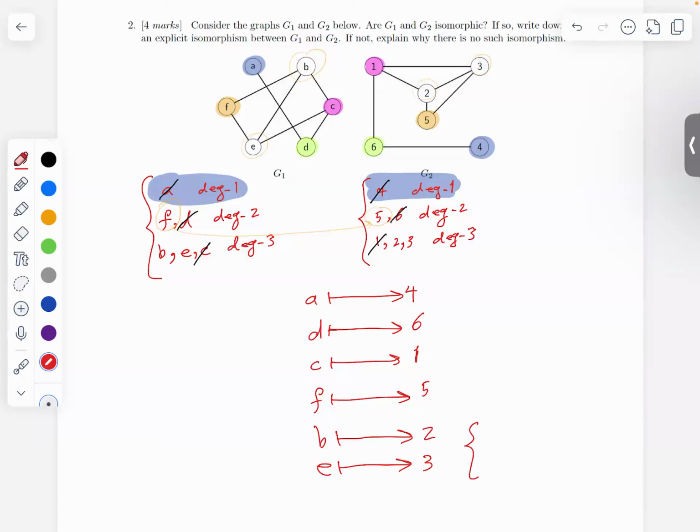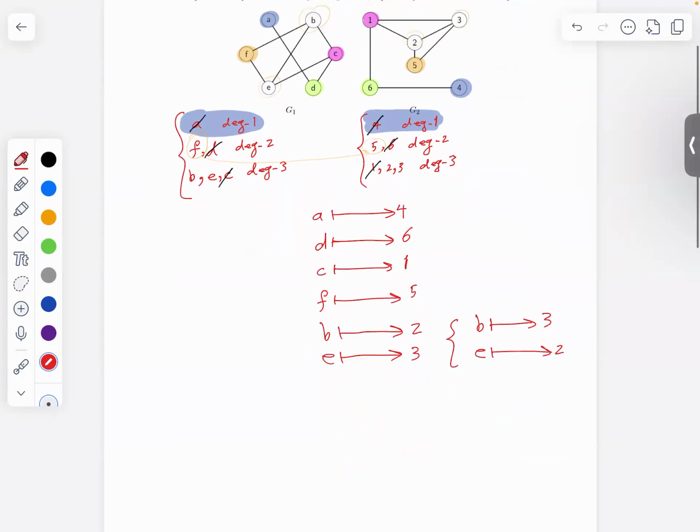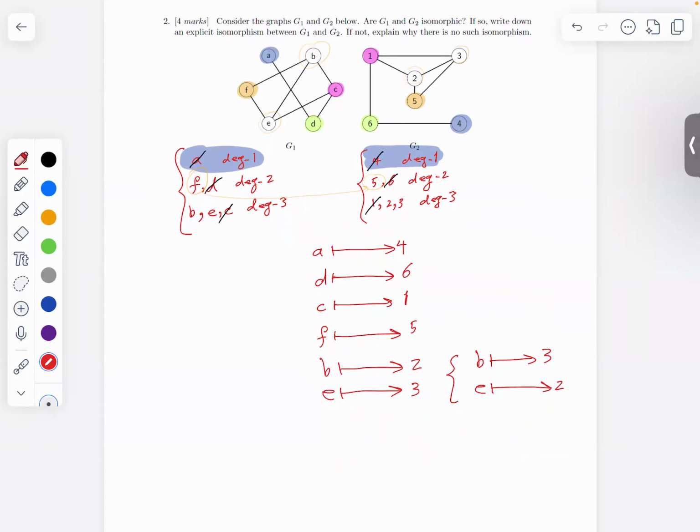But if you choose B goes to 3 and E goes to 2, that will also be okay. If you write this one, I will give you the mark, but it's very safe if you can write the map of the edges as well.